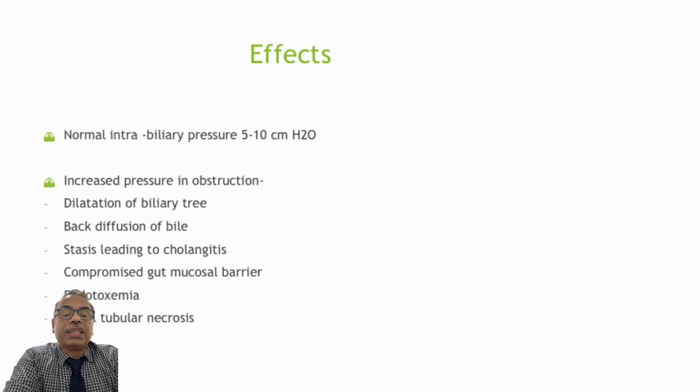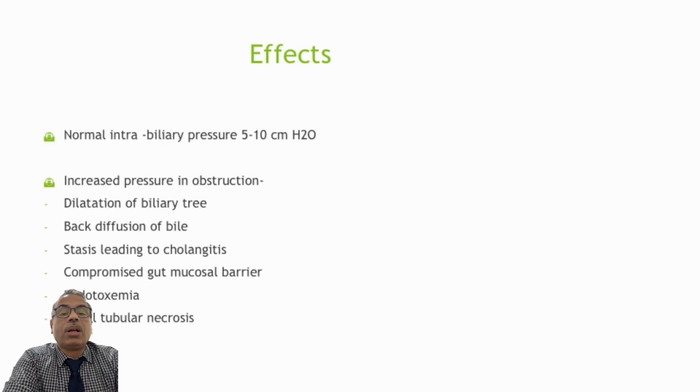The bile which is present in the gut is very much essential for maintaining the integrity of the gut mucosal barrier. And I think all of you know that the integrity of the gut mucosal barrier is very important, because any compromised gut mucosal barrier would lead to what is known as translocation of intraluminal gut flora across the gut wall into the peritoneal cavity, and this would lead to endotoxemia.